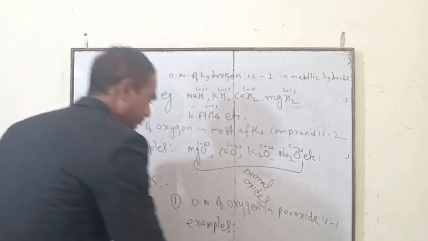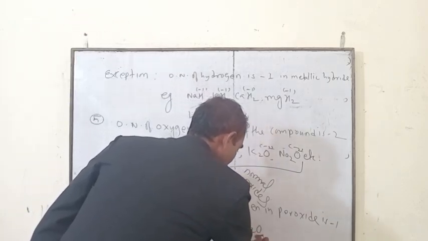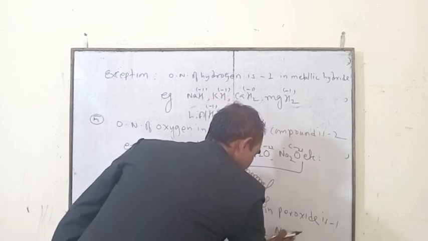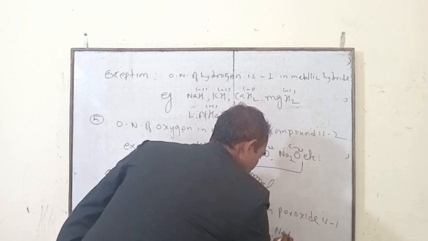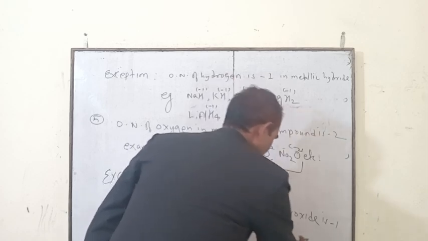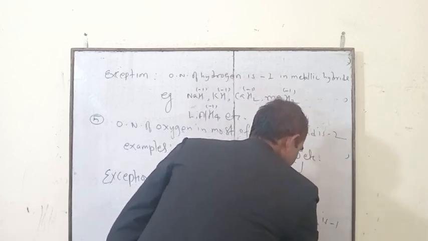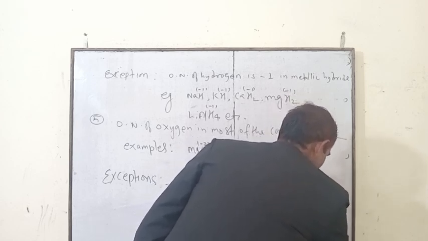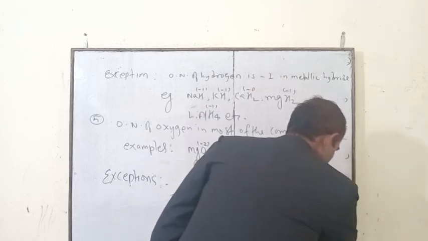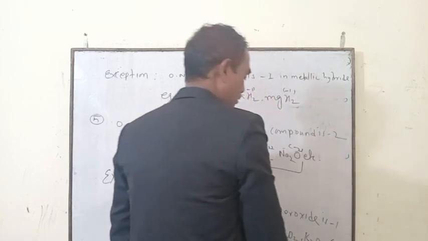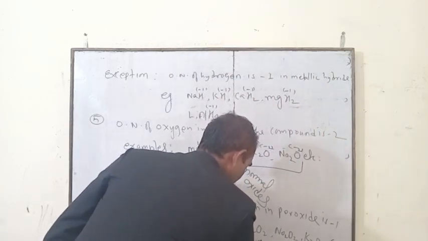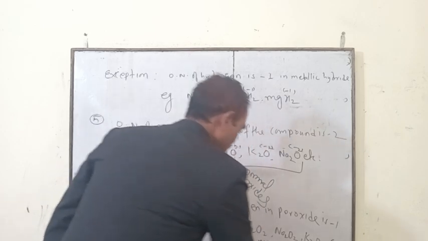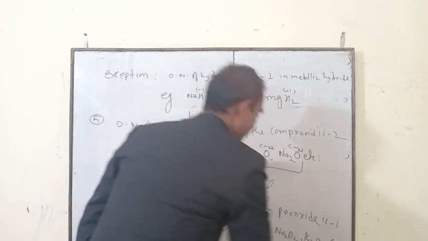Examples like hydrogen peroxide, sodium peroxide Na2O2, potassium peroxide K2O2, calcium peroxide CaO2, magnesium peroxide MgO2, etc.